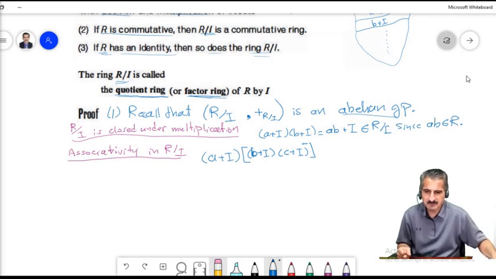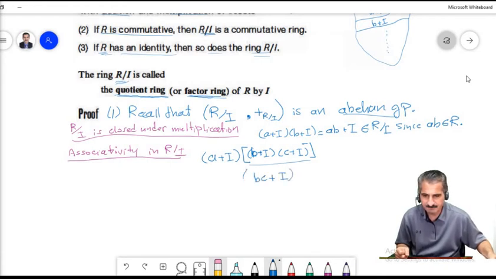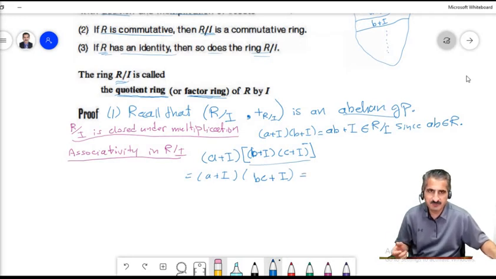Now this in here, multiply it, we get bc plus I, correct? Multiplied by a plus I, so this is the same as that. And now, using the definition of multiplication of cosets, that gives a times bc plus I.